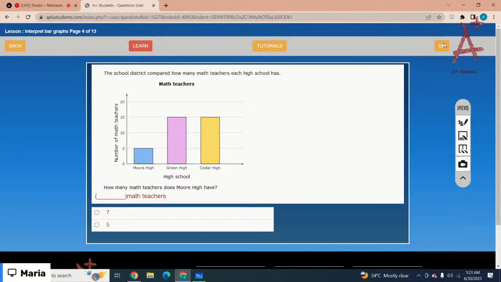Okay, the school district compared how many math teachers each high school has. How many math teachers does More High School have?